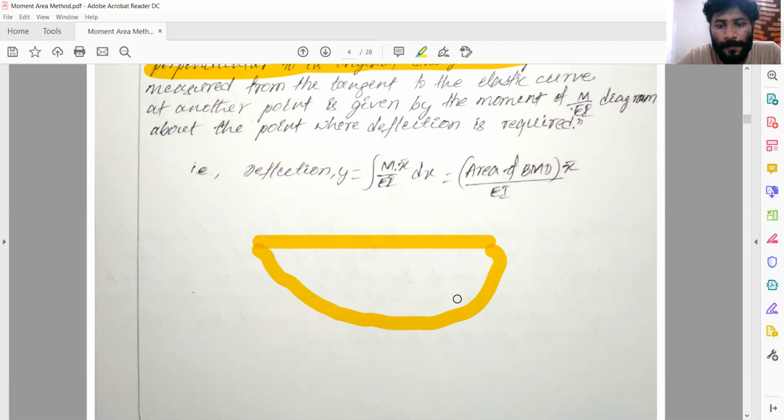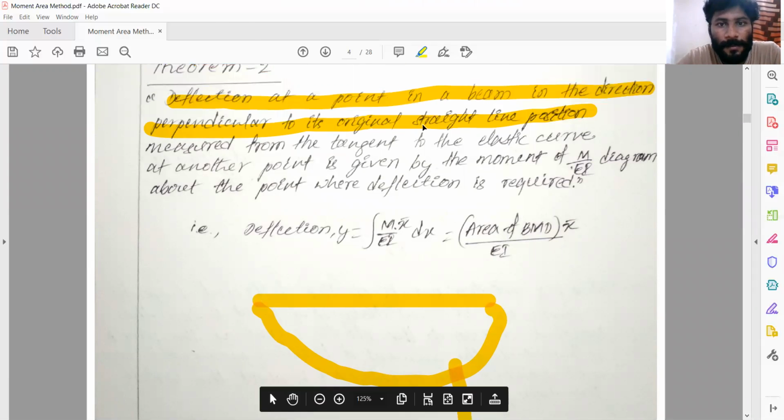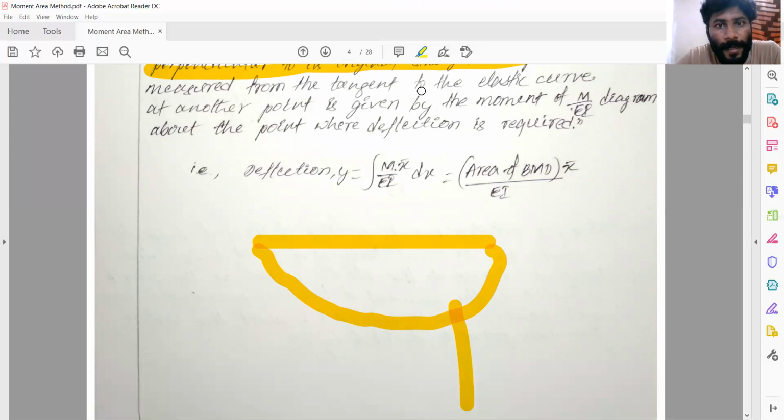If I want to find the deflection somewhere here, this is a line which is perpendicular to the original straight portion line, measured from the tangent to the elastic curve at another point, is given by the moment of the M by EI diagram. It means the tangent to the elastic curve is somewhere here, we can take any point.